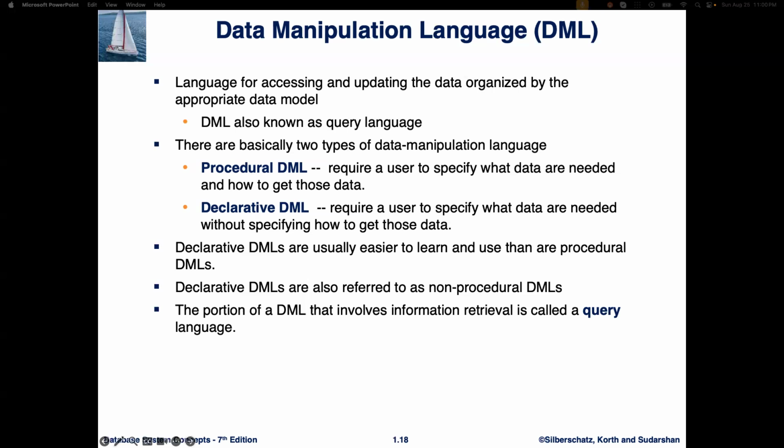The part of DML that deals specifically with retrieving information is known as the query language. SQL is a common example of a declarative DML used widely for querying databases. DML enables efficient and effective data handling, allowing users to manage the data as per their needs. So this is the first class.